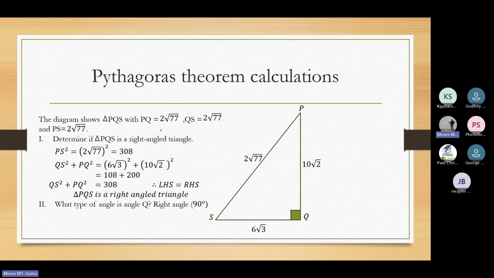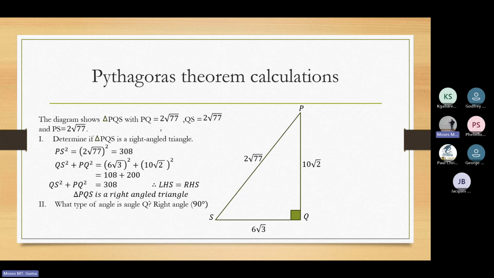Can you see that PS squared is equal to the sum of the squares of the other two sides? That is why I'm saying the left-hand side is equal to the right-hand side. Now, moving on, that means triangle PQS is a right-angled triangle. Why? Because it obeys the theorem of Pythagoras.